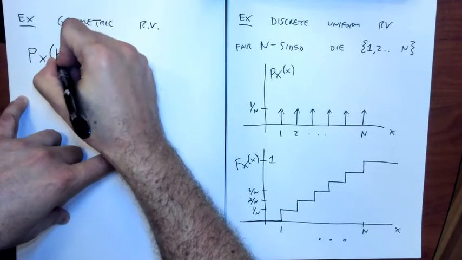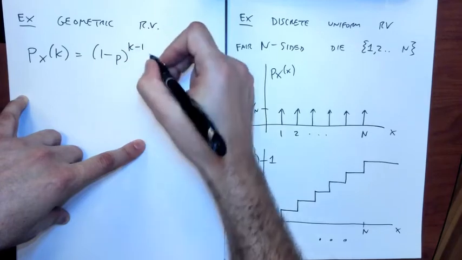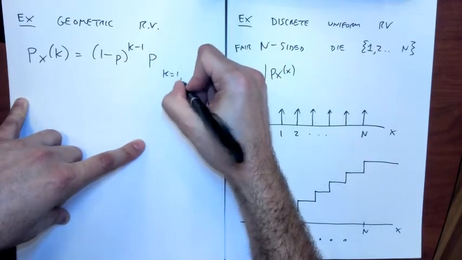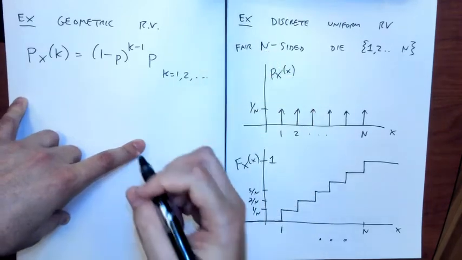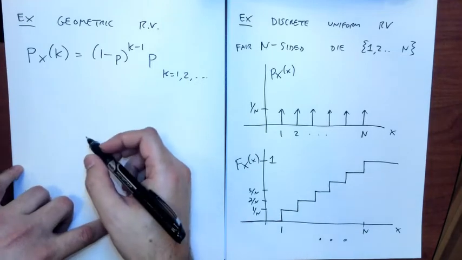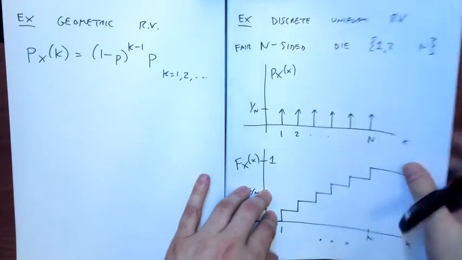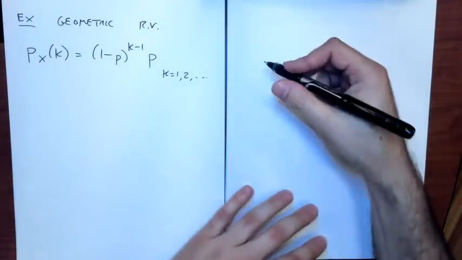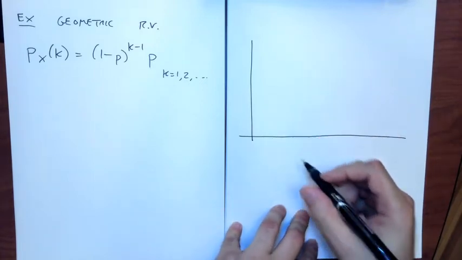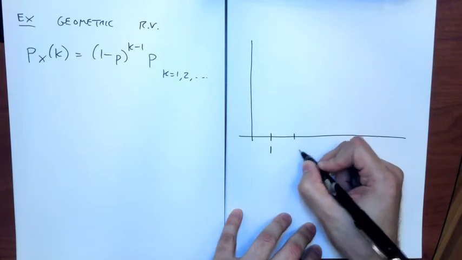The PMF was something like this: k minus 1 failures and a success, and the possible values of k went from 1 up to infinity. And so again, let's think about what the CDF should look like. Let me draw some pictures on the right-hand side and some numbers on the left-hand side. So this is like saying, certainly I have to have at least 1, right?